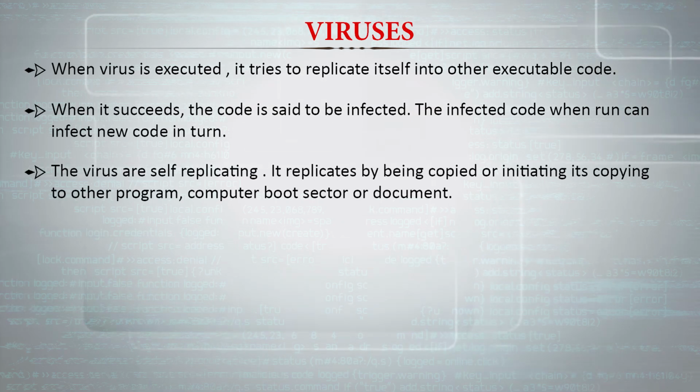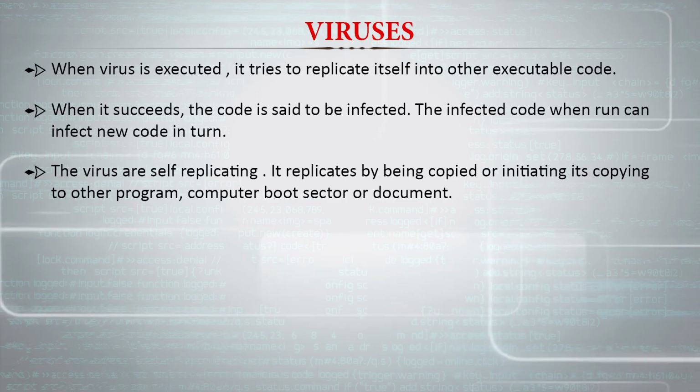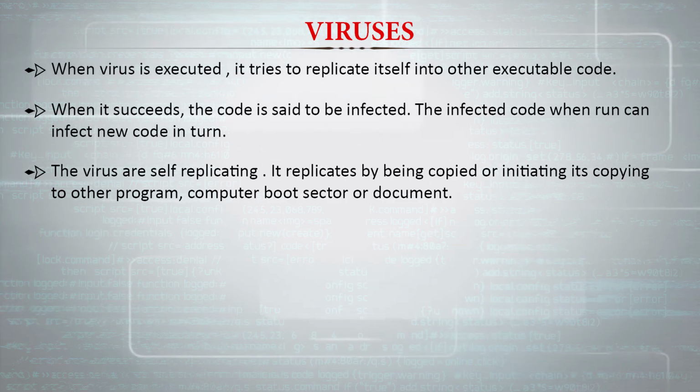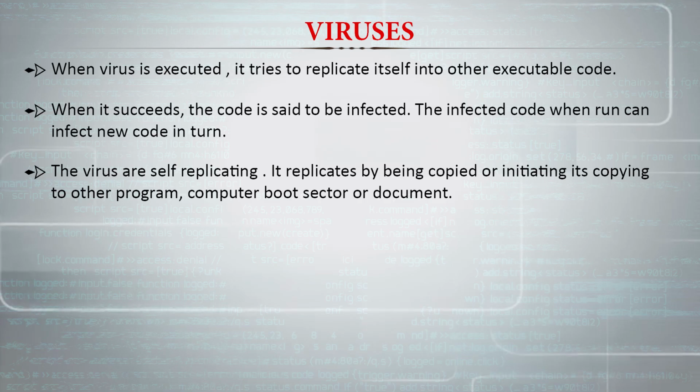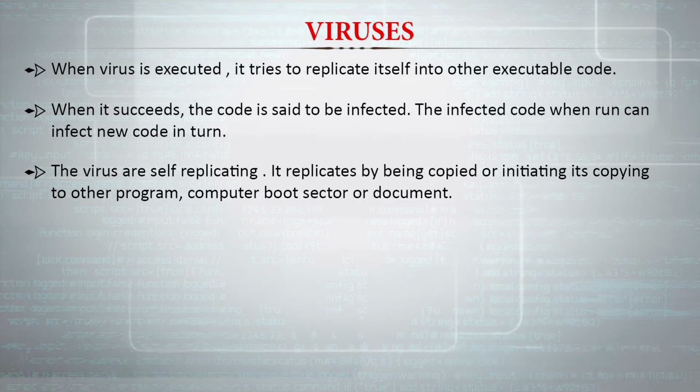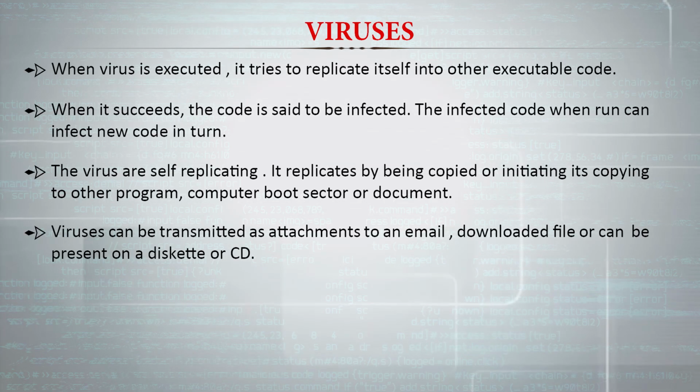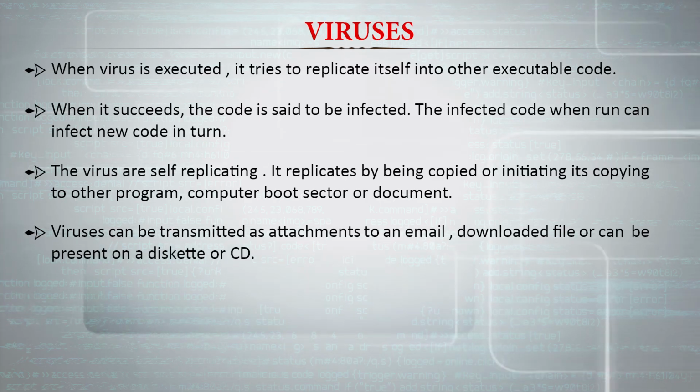Viruses are self-replicating. A virus replicates by being copied or initiating its copying to another program, computer boot sector, or a document. The virus can be transmitted as an attachment to an email.